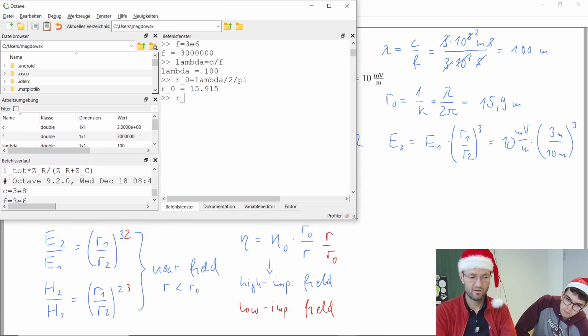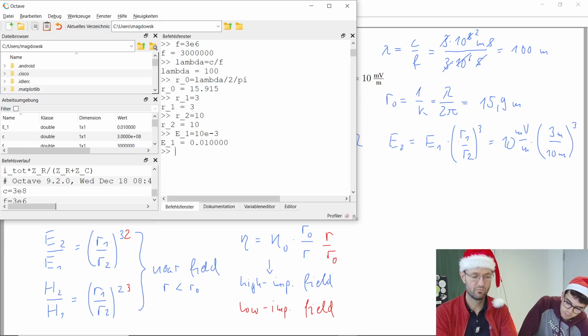So we can say R1 is 3 meter, R2 is 10 meter, E1 is 10 millivolts per meter, so I will write it like this, really in milli. And so E2 is E1 multiplied with R1 divided by R2, and this to the power of 3.